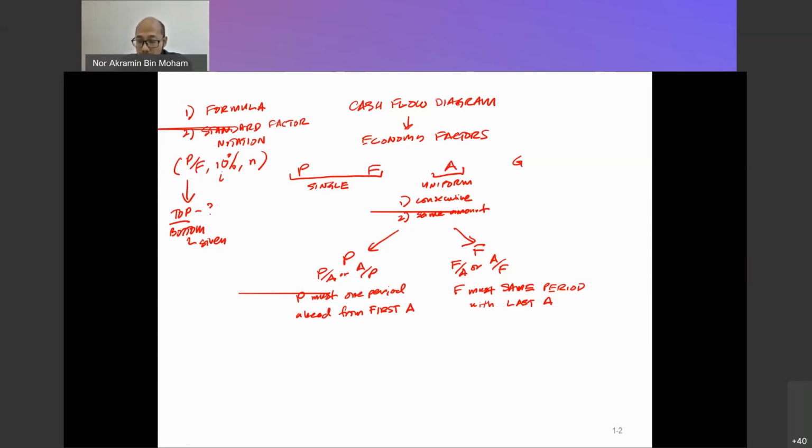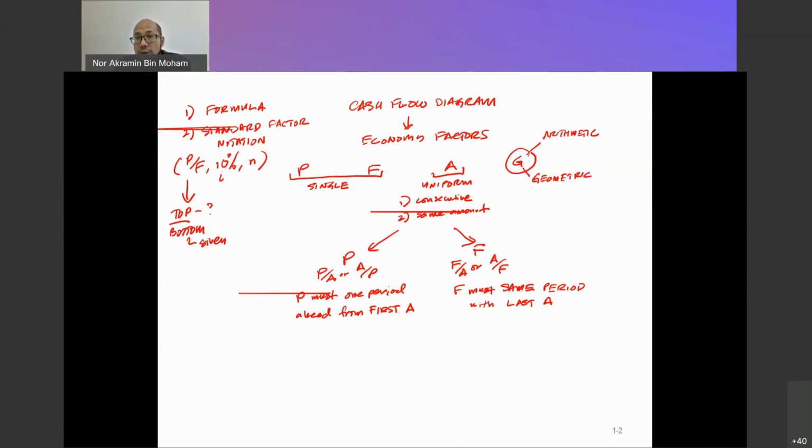Okay, right? And then we move to the G factor. In gradient factor, we have two types of gradient: first, the arithmetic gradient, and another one is the geometric gradient.